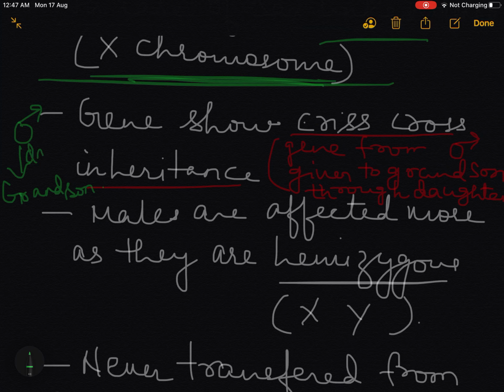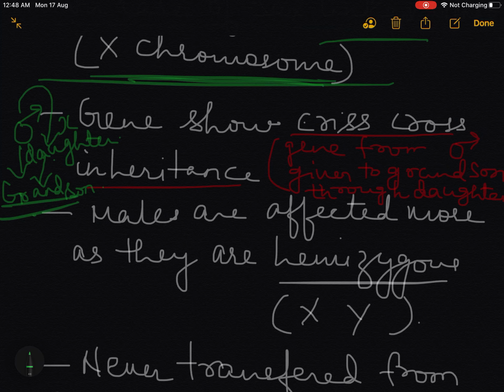Through his daughter. That means the male parent has given X to the daughter, and that X is affected, and then that X is moving on to the son, which is again affected. So this gene has moved on to the grandson through the daughter.